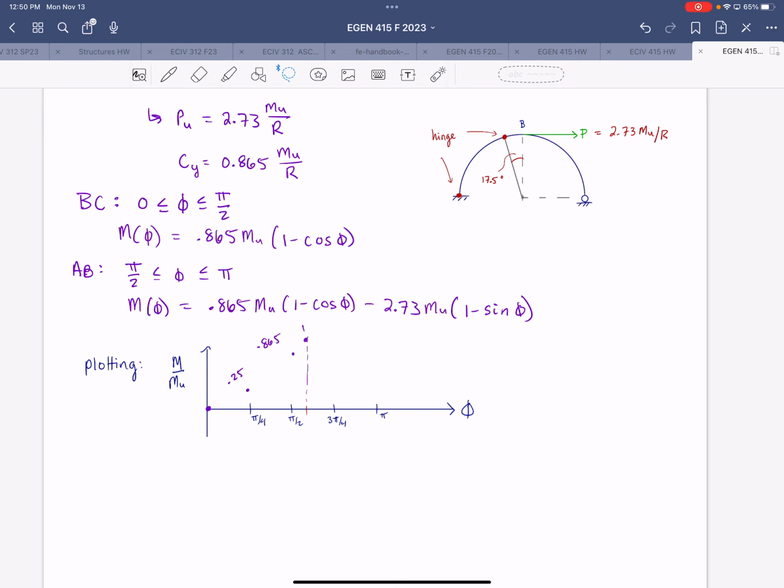It's going to be something like that. And then at 3 pi over 4, we would have a value of 0.677. And at pi, we would have a value of -1. So the trend would look something like this, right, where those are curved lines, not straight lines, but something like that.